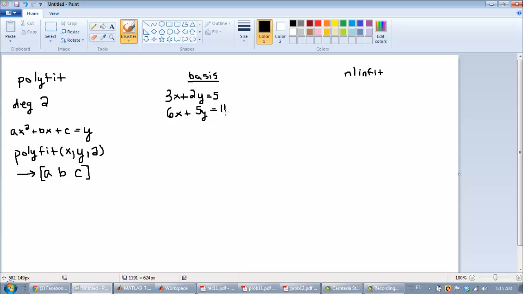Okay, so some of you might remember from high school that this can be written in the form of Ax equals y, where A is something called the coefficient matrix, and x and y are vectors. So what that looks like is you compose A of just these coefficients here, 3, 2, 6, and 5.